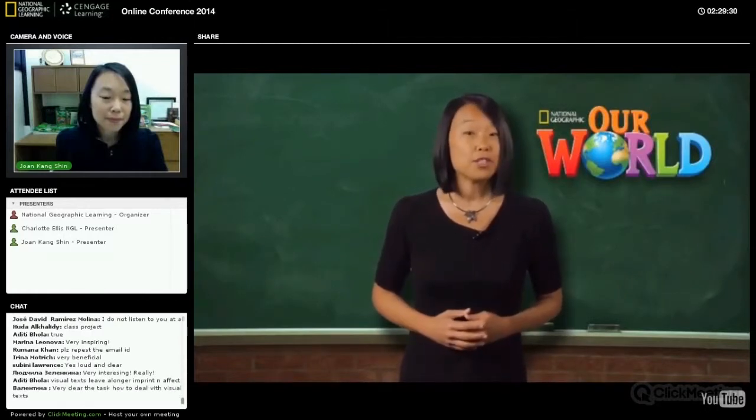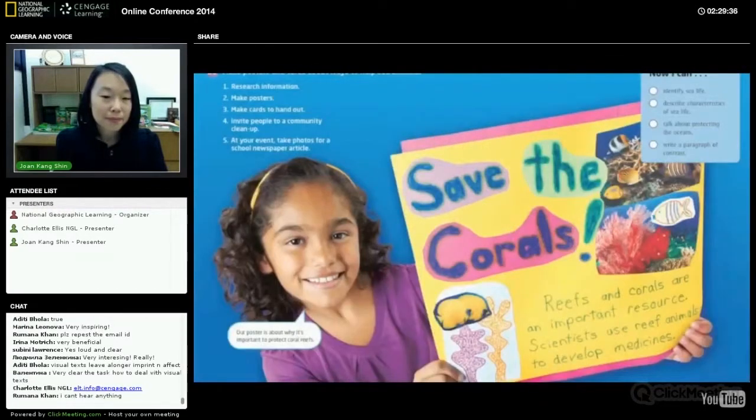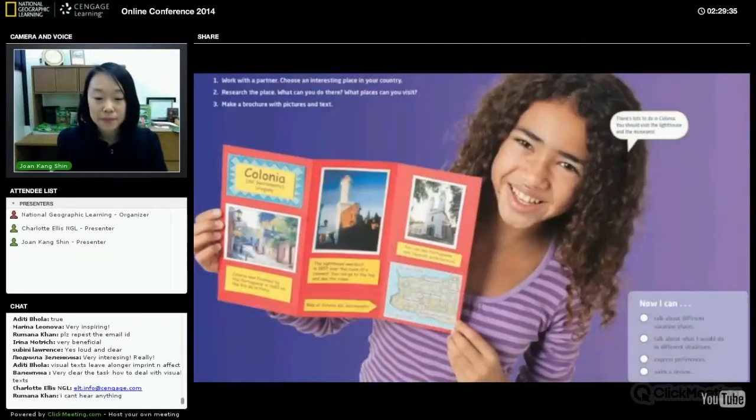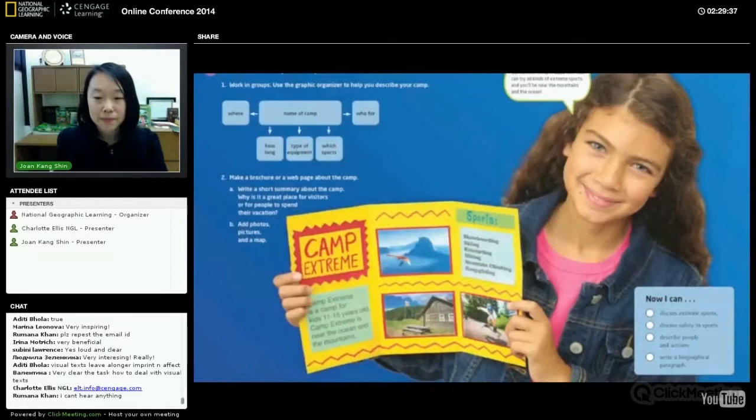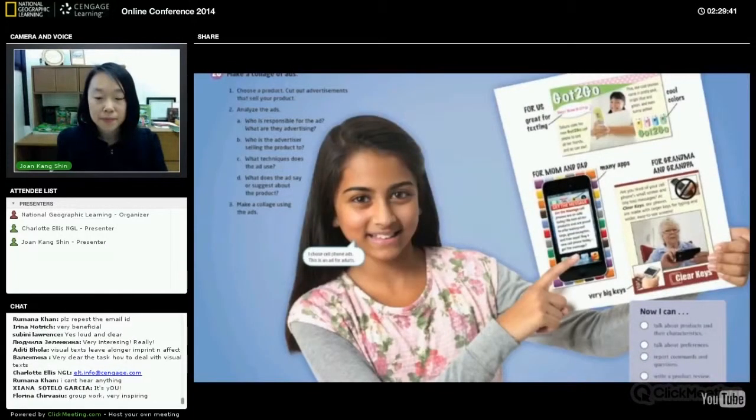In the project pages, we can find a bar graph showing results from a survey, a poster to save the environment, a tourist brochure, a camp brochure, a recipe, and an advertisement. In Our World student books, there is always a model for students to follow.